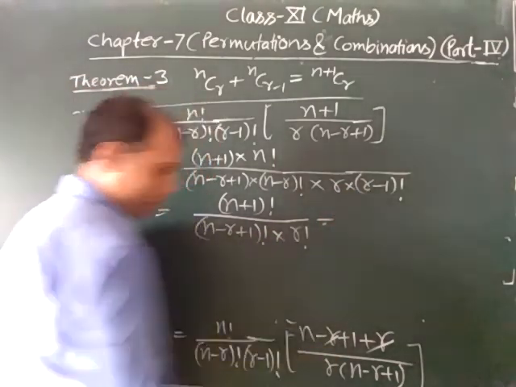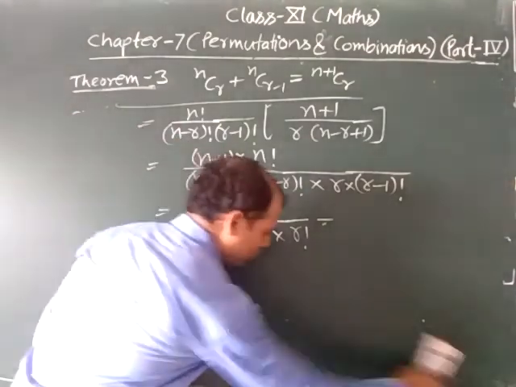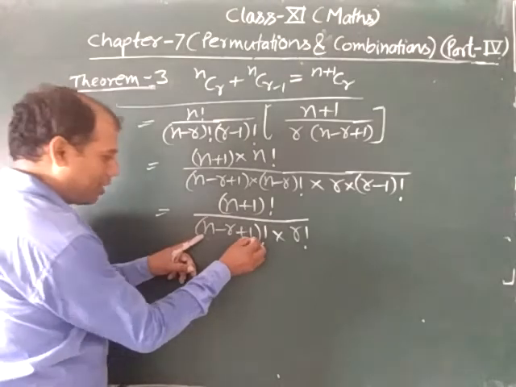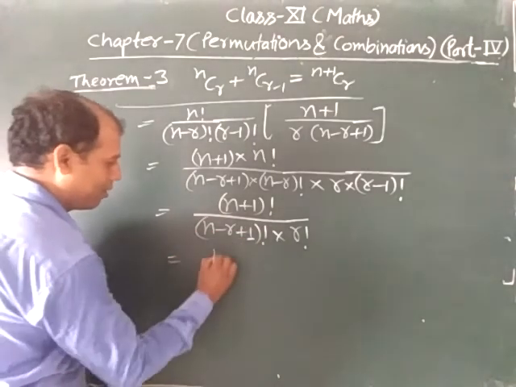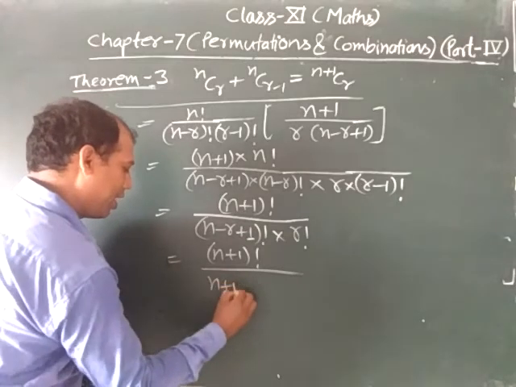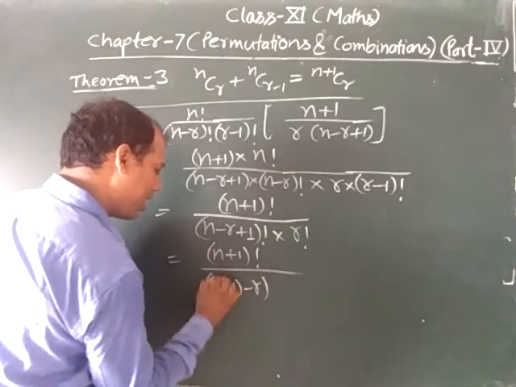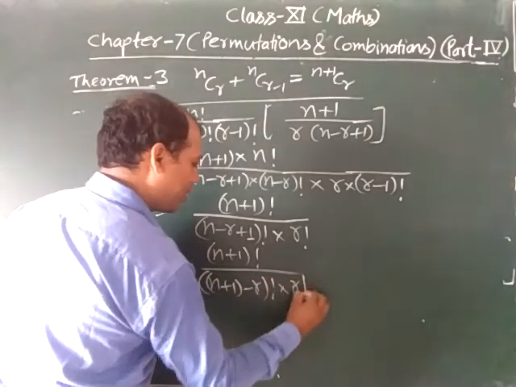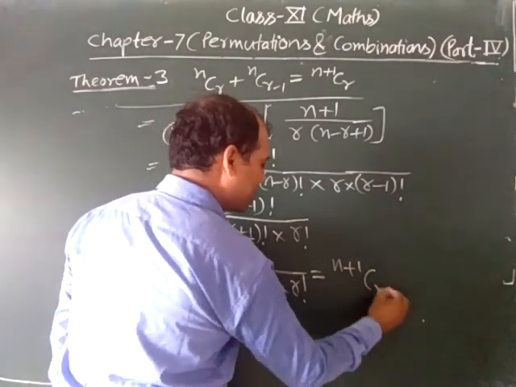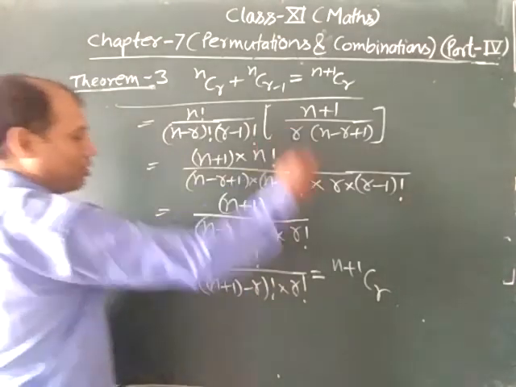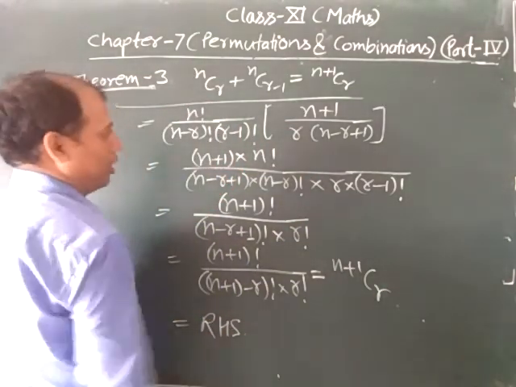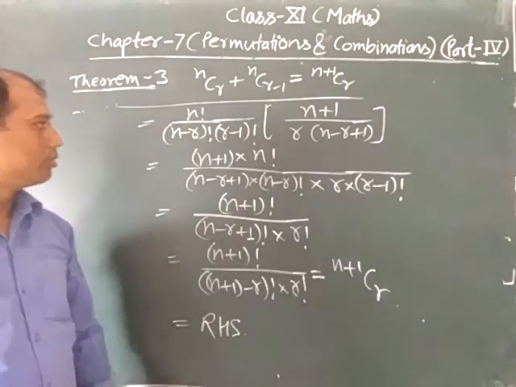This can also be written as, we can write 1 with n, then we get n plus 1 factorial by n plus 1 minus r factorial into r factorial, and this is the value of (n plus 1)Cr, and this is RHS. Hence this theorem is proved.